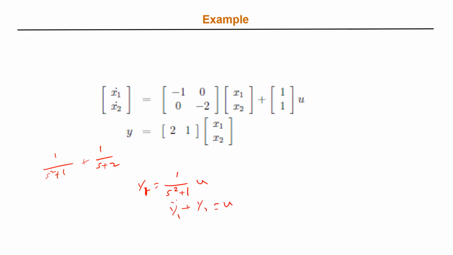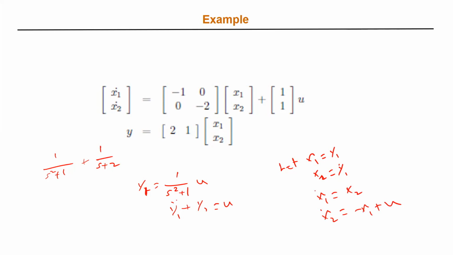Yes. Now, I think they call it the Jordan canonical form. Look, what we are going to get in here. Let x1 equal y1, x2 equal y1 dot. So x1 dot equals x2 and x2 dot equals minus x1 plus u.